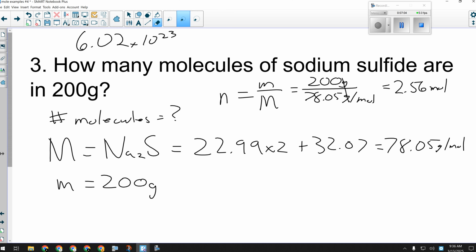Number of molecules is going to be a big number. So number of molecules is going to be the 2.56 with all of the decimals in my calculator times 6.02 times 10 to the 23.